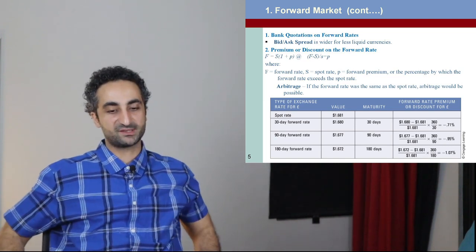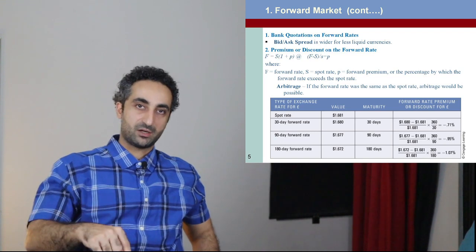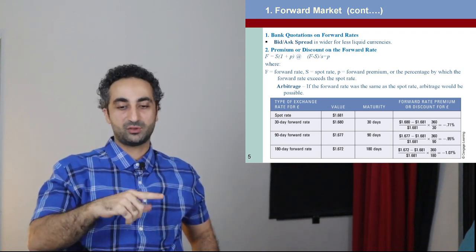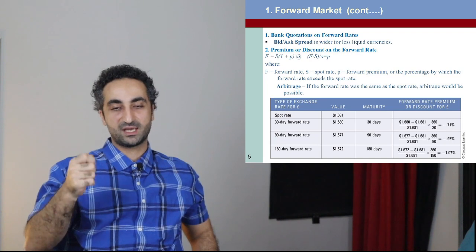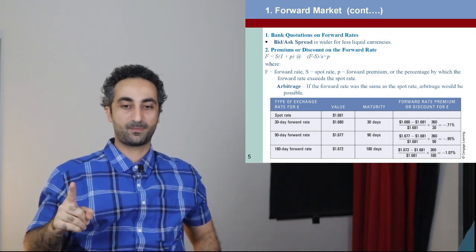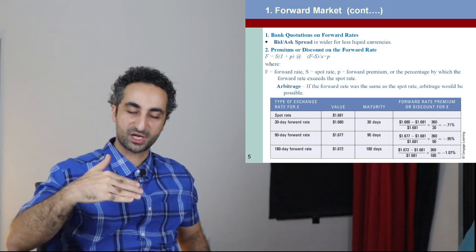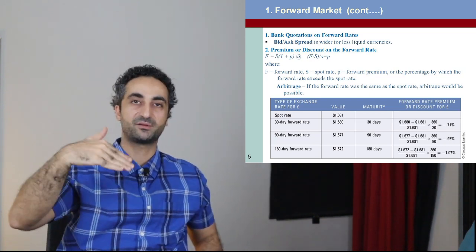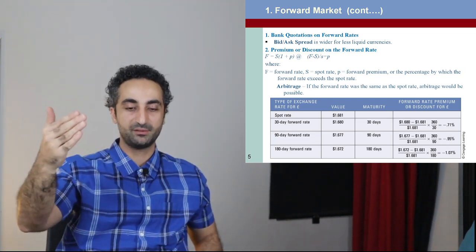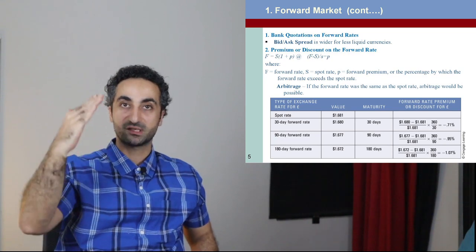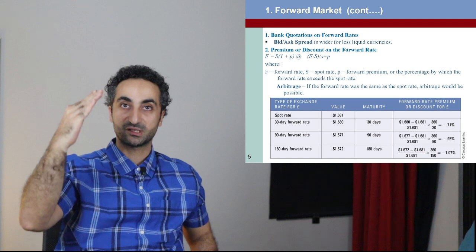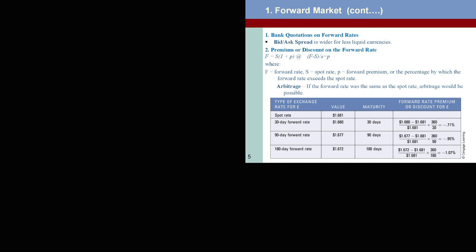So let's continue with the example. Spot rate right now, if you want to buy 1 British pound, you pay 1.681 USD. However, if you want to purchase it in the future, after 30 days, 1 month, the price is lower actually, 1.680. So you need fewer dollars to buy in the future. Why? Again, forward rate is not always higher than the spot rate.